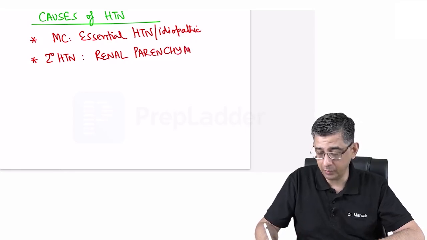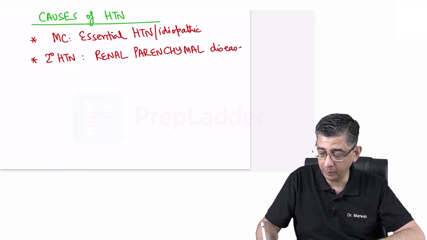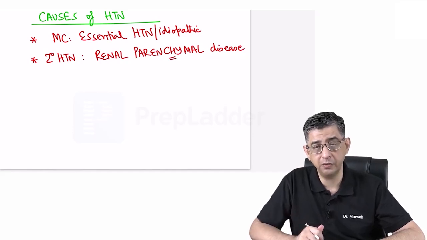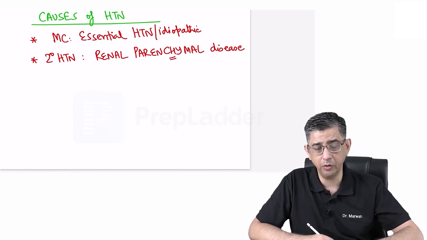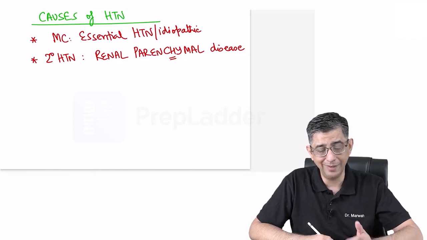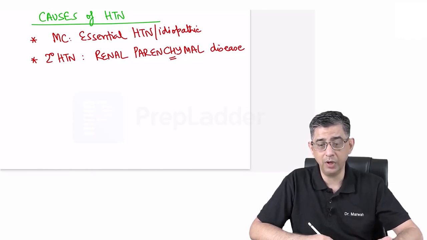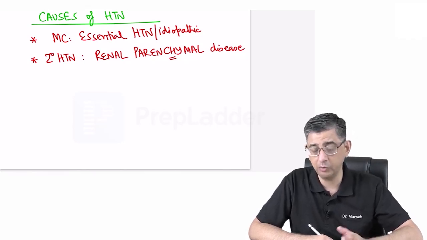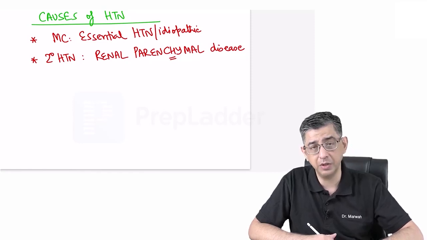In fact, in the exam, if he asks which renal pathology will contribute to it, it could be renal parenchymal disease. So it could be a diabetic nephropathy patient where the GFR is reducing, fairly common in our country, or all the renal diseases ultimately can progress onto a parenchymal involvement leading to CKD, and therefore the GFR is progressively reducing, the RAS system is getting activated, so there would be a high renin hypertension in the patient.